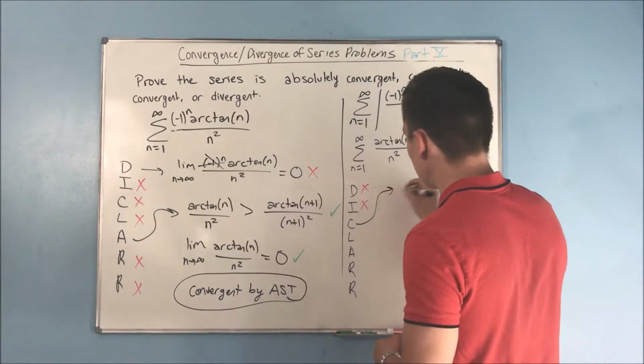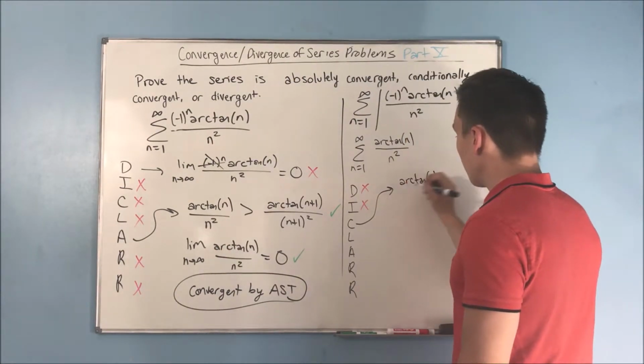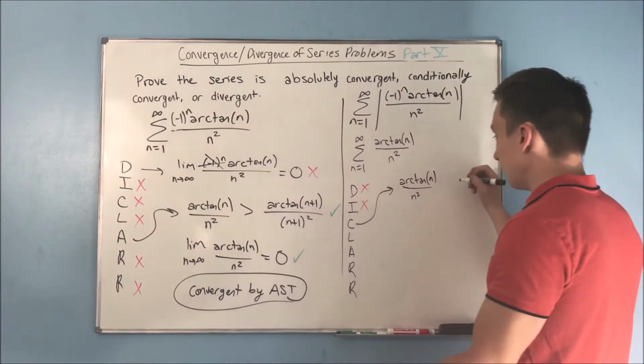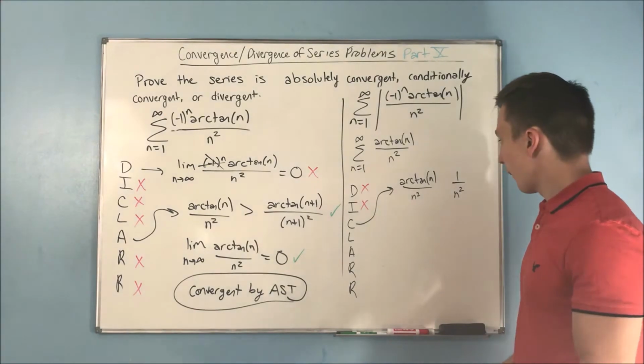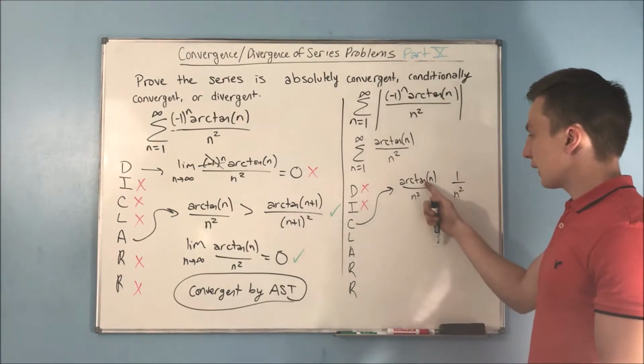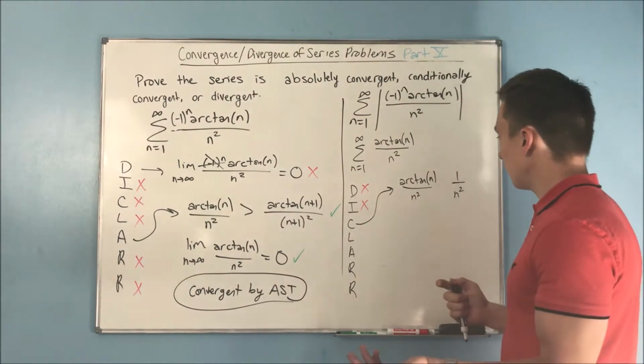Let's try to compare this to something. Well, arctan of n over n squared, we could probably compare that to the p series 1 over n squared. But arctan of n is going to end up being greater than 1 here.